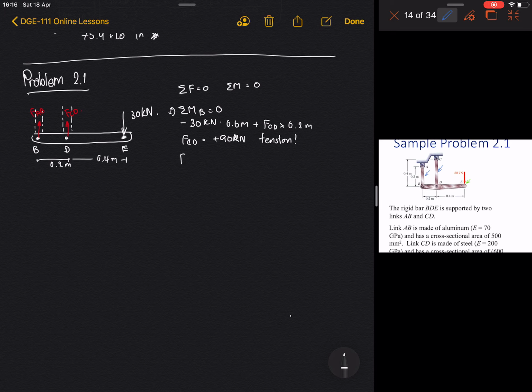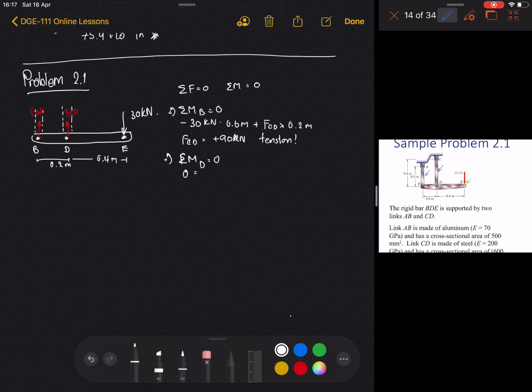So what about the force from AB? I could take another moment at point D, but actually you can also use sigma Fy equal to 0.